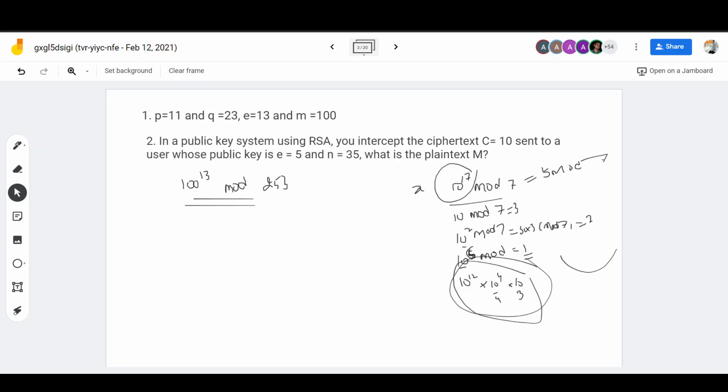So what is the simplest method to find the new ciphertext value? Suppose I write C1 is equal to m1 to the power e of mod n, and C2 is equal to m2 whole to the power e of mod n.